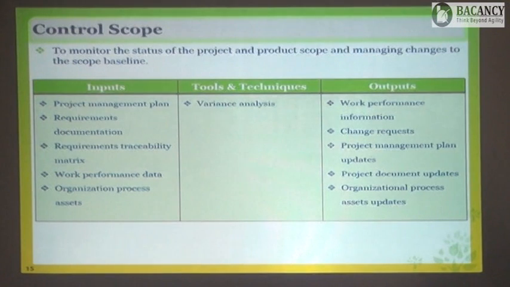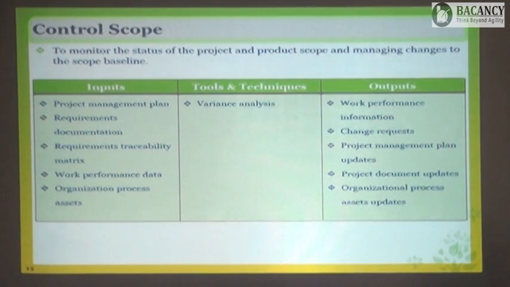The raw data, the raw observation, isn't it? What was to be done, how it was to be done, what was the requirement, what is the source of the requirement, and how it has been done. So we have the plan and we have the actual, and we are going to do a variance analysis. We will compare and then we will say whether it is as per plan or not.